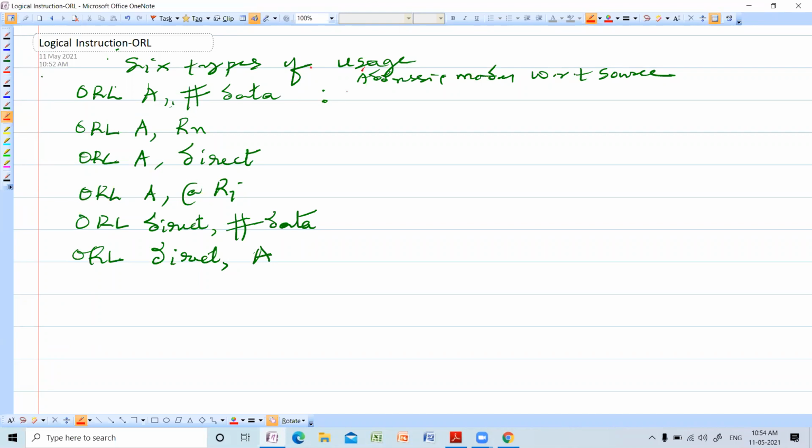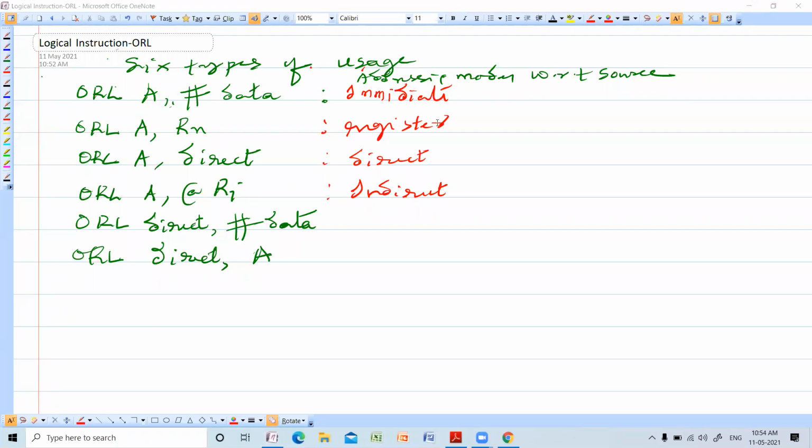Here it is immediate, register, direct addressing, indirect. So many addressing modes are possible. So this is about the OR instruction. Bitwise OR operation.